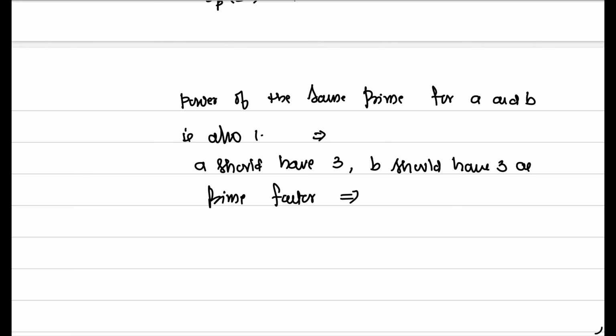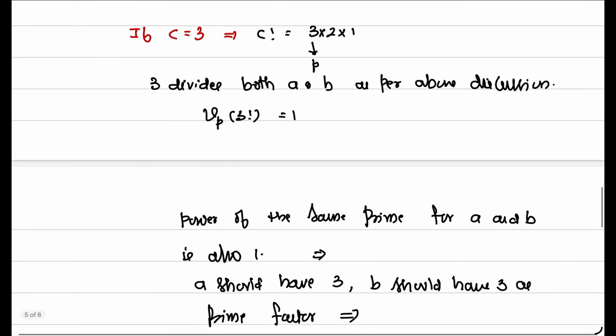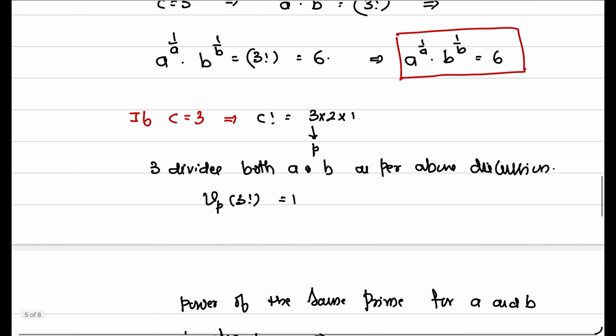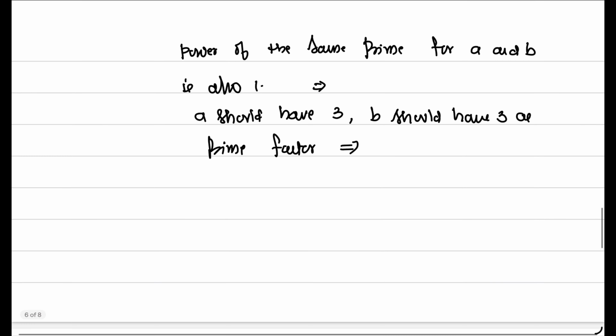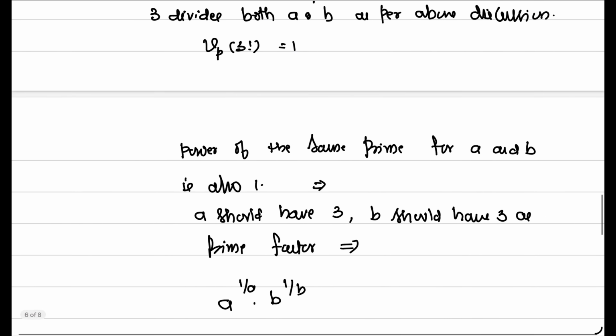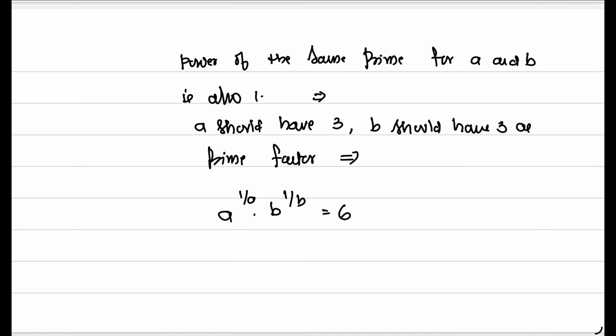That implies A to the power of 1 by A and B to the power of 1 by B is equal to 6.